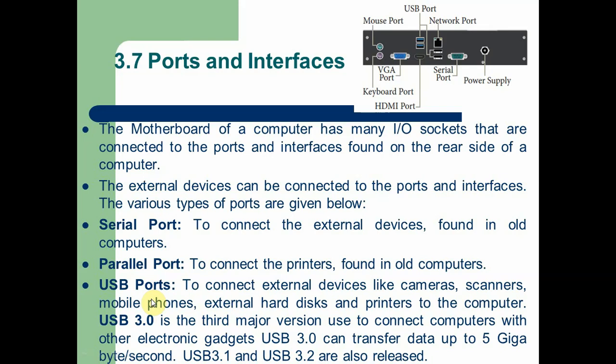USB 3.0 is the third major version used to connect computers with other electronic gadgets. It can transfer data up to 5 gigabits per second. Depending upon the version, the speed of the USB port also increases. Many different versions have also been released, 3.1 and 3.2.